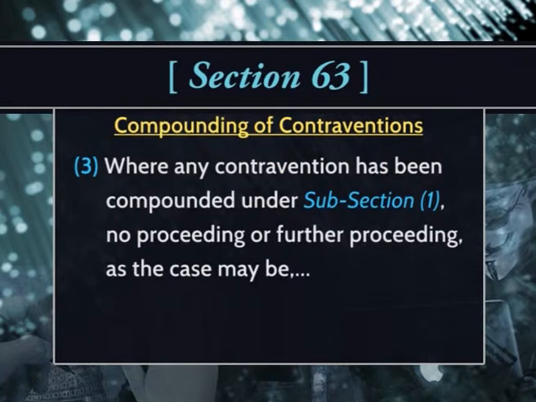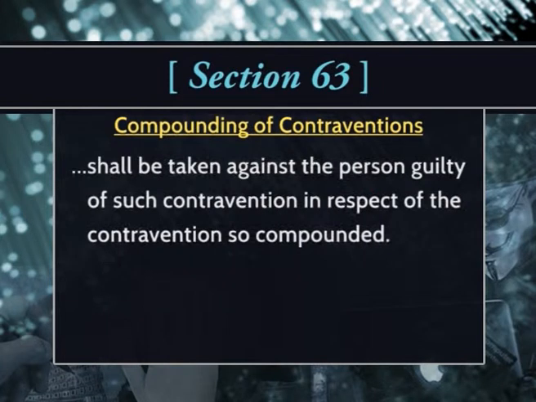Where any contravention has been compounded under subsection 1, no proceeding or further proceeding, as the case may be, shall be taken against the person guilty of such contravention in respect of the contravention so compounded.